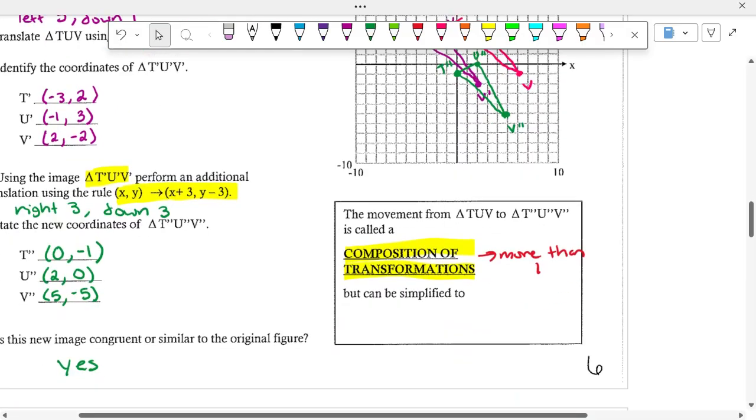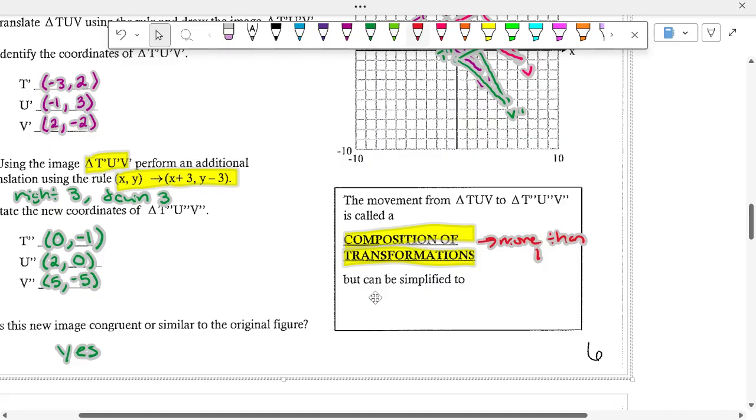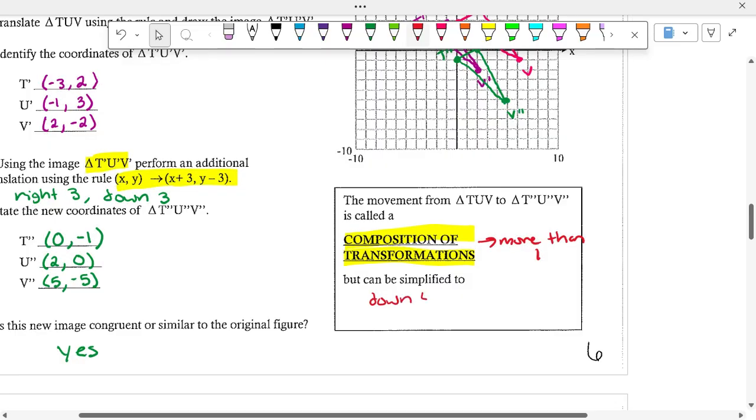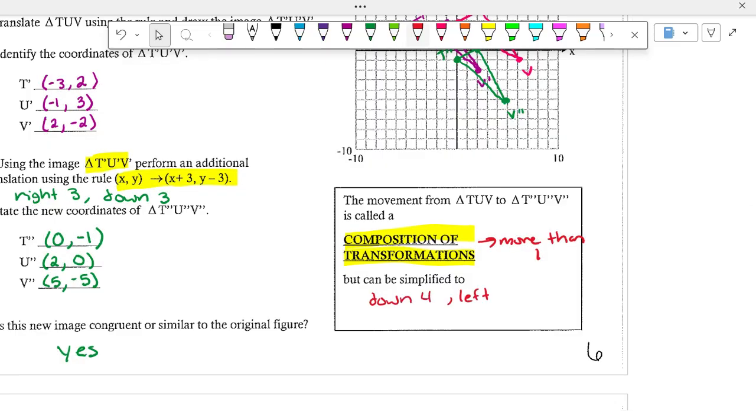So another way we can say that is that all we did was go down 4, left 1, or left 1, down 4, which as a rule would be what? So if we go left 1, how do I write that in terms of x? X minus 1. How do I write down 4 in terms of y? Good. That's all you got to do.